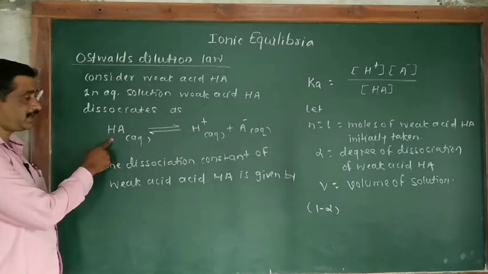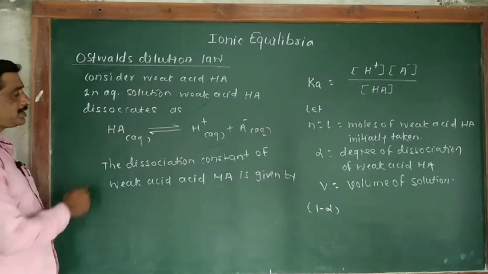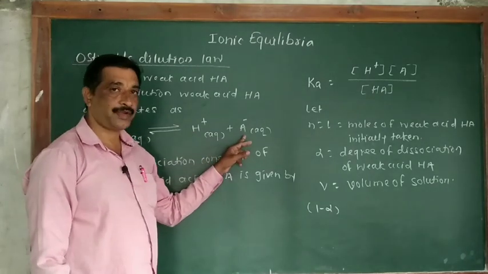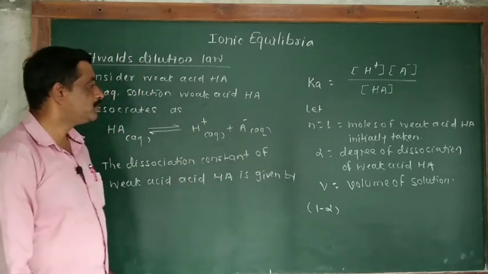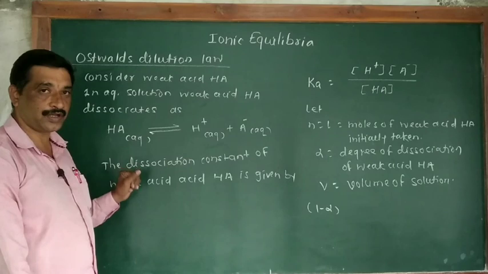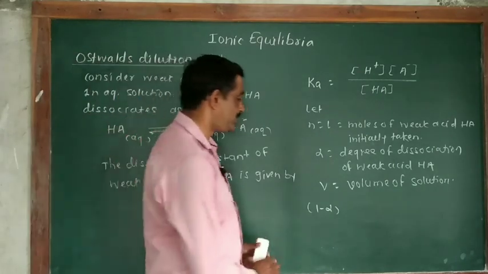Initially we consider 1 mole of this weak acid HA, and this weak acid HA dissociates into H plus and A minus ions. So the number of moles of this weak acid out of 1 that remain undissociated is nothing but 1 minus alpha.